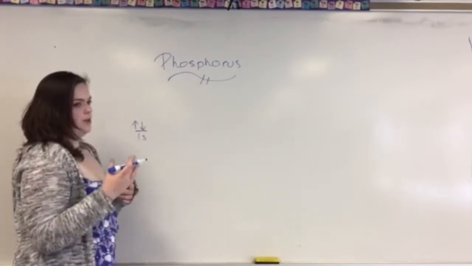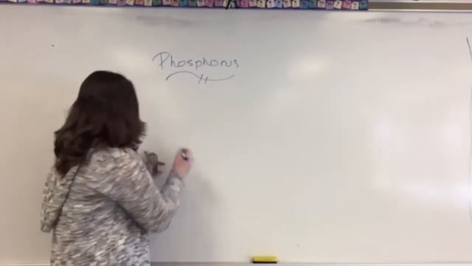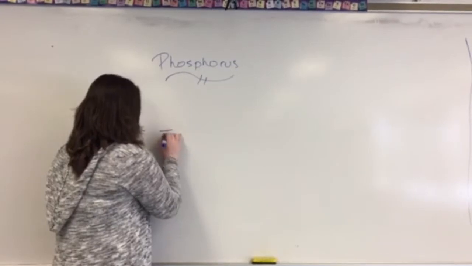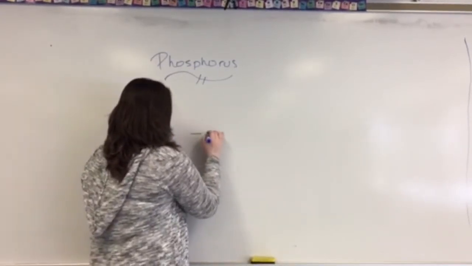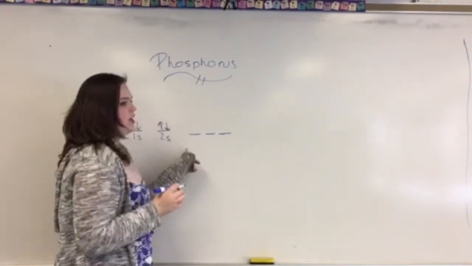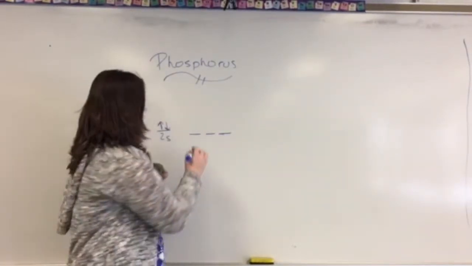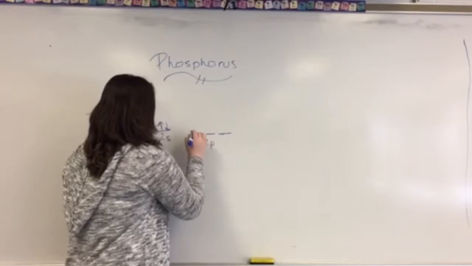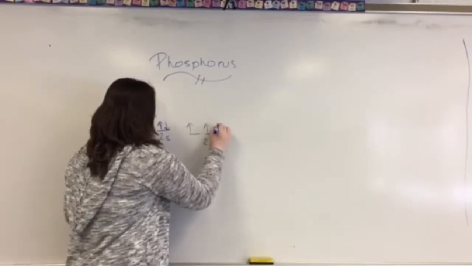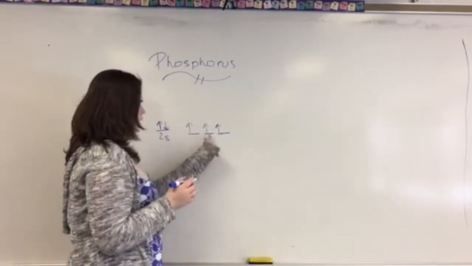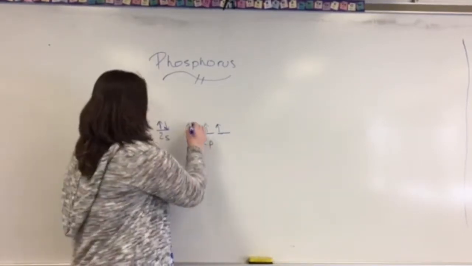And so, since it's in the 3p, we know that the 1s is filled. And then we would fill up the 2s. And then we move on to the 2p. And since there's 6 electrons, there's 3 orbitals in the sublevel. And Hund's rule tells us that we would half fill the orbitals before we would start pairing them up.